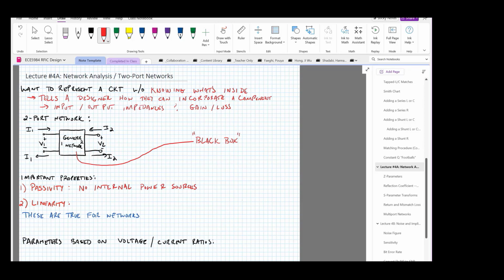And we're also going to consider that these networks are linear. Ultimately what we mean here is that any voltage or current is a linear function of the input or output.